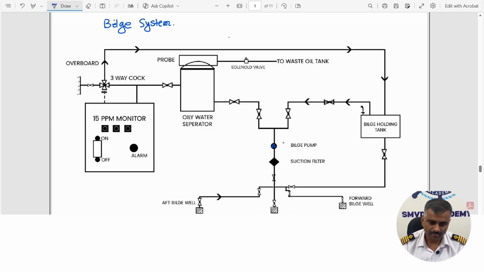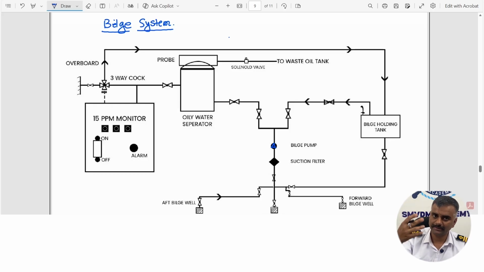Now whenever we are starting any block diagram or any line diagram, we should start from one end and reach the other end. So now we are talking about the bilge system. First question is, what is the bilge system and why is it there?